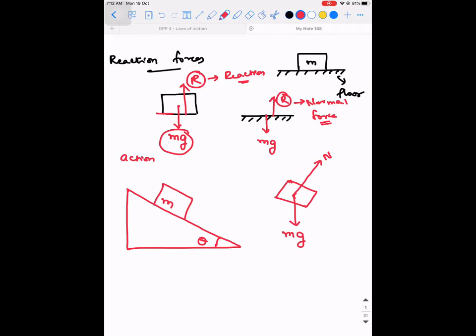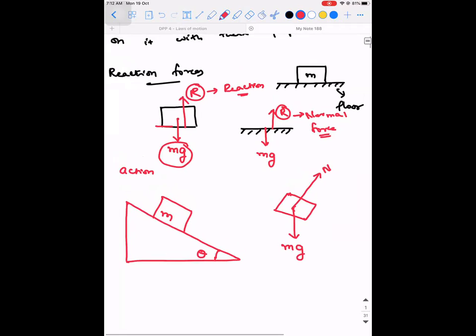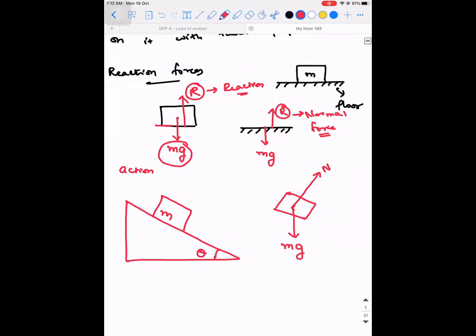Remember, I just want to explain a problem solving trick. When you're solving a problem on a horizontal surface, you can take the bottommost point as origin so that any force on the right hand side will be considered along the x direction.